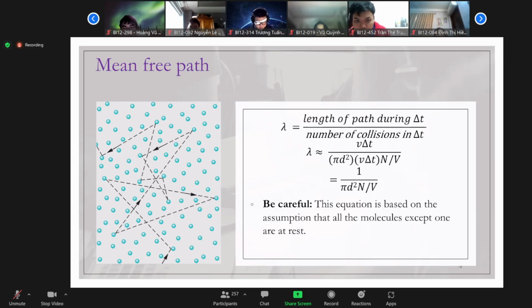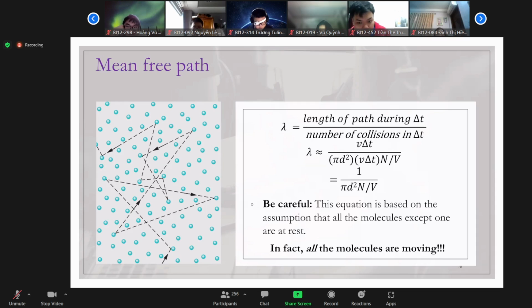Now, please be careful. When we established this equation, we assumed that all the molecules except the one we are considering are all at rest. But actually, this is not true. In reality, all the molecules are moving.